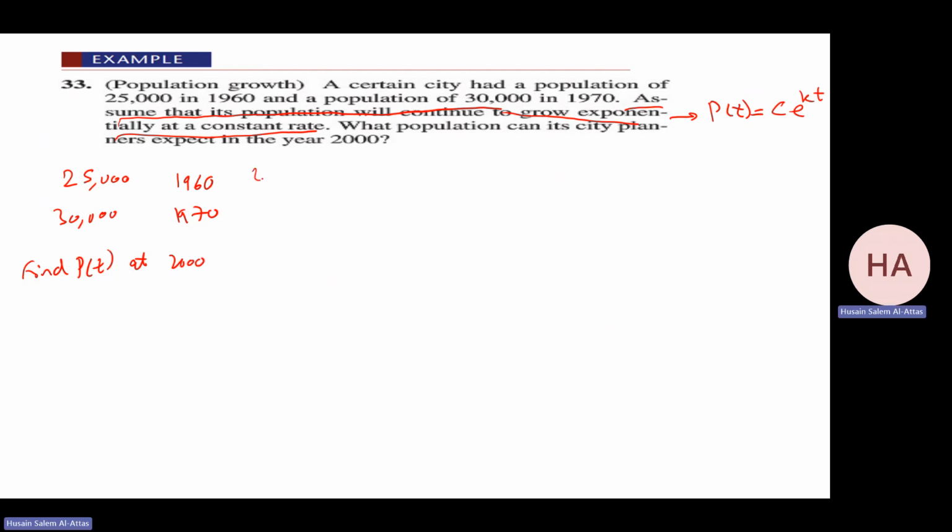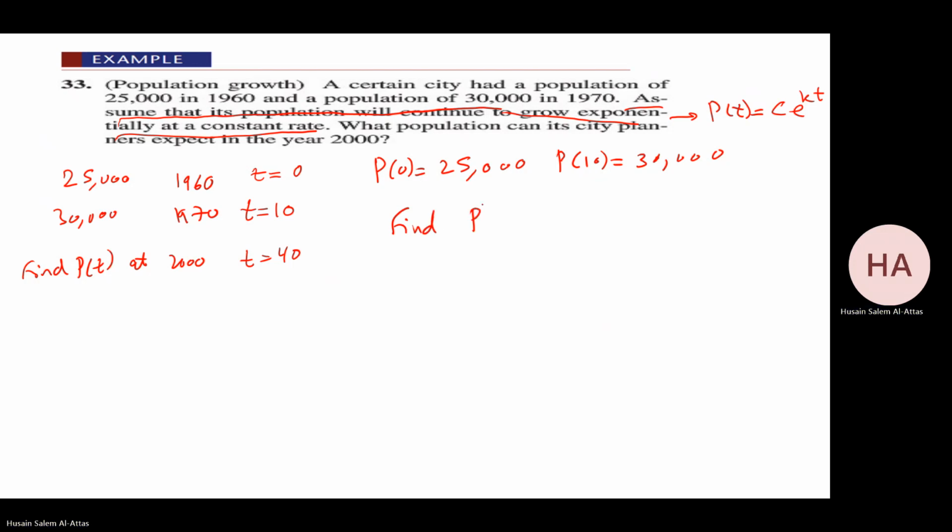I will consider this t equals 0 as years, this is t equals 10, and this is t equals 40. So the question is, I know P at 0 is 25,000, P at 10 is 30,000, and the question: find P at 40.